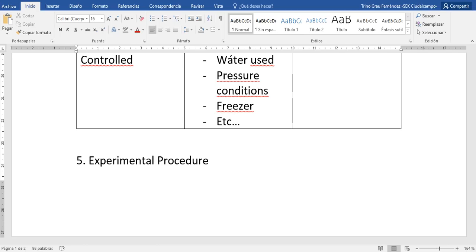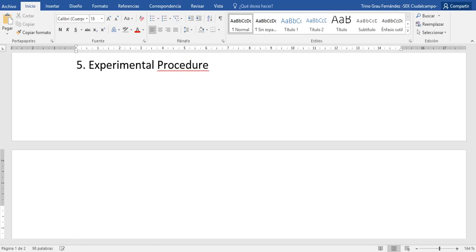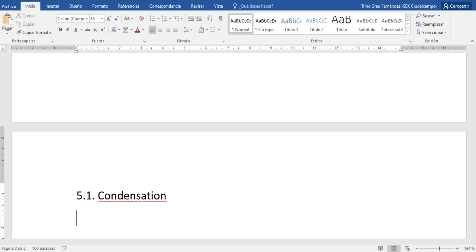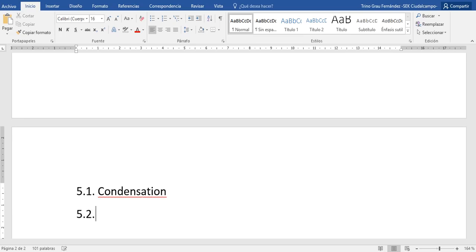So in the experimental procedure, you're going to separate the 4 or 6 experimental procedures that you made. So you're going to include here six or 4, depending if you include the sublimation. So the first one will be the condensation. The second one will be evaporation.